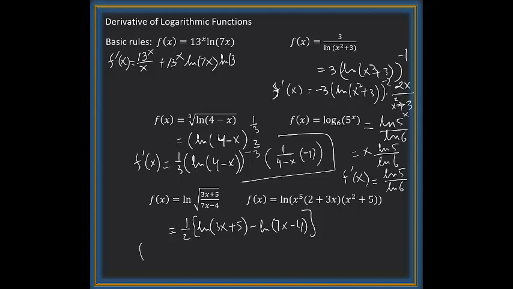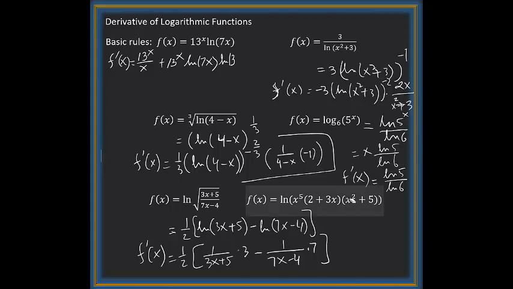So now if you take the derivative, it will be f prime x, keep your 1/2. Natural log of this will give you 1 over 3x plus 5 times 3, minus 1 over 7x minus 4 times 7. So you are done for this problem too. So keep note on this one. I need some space, so I'll remove it and go to the next example.